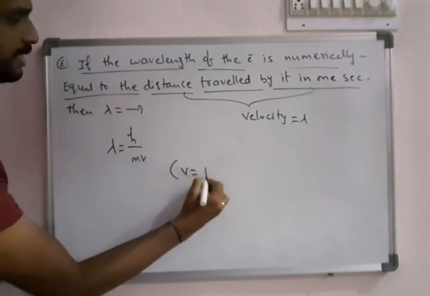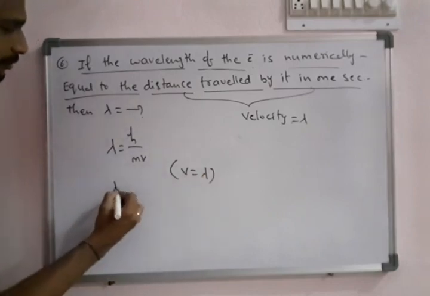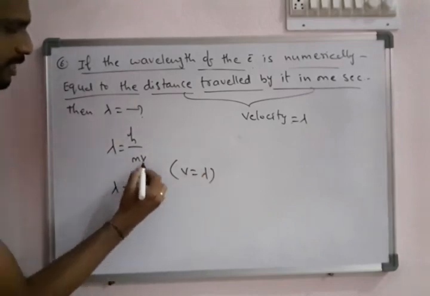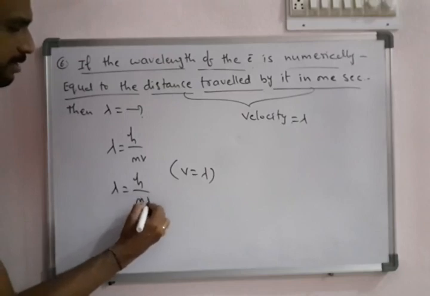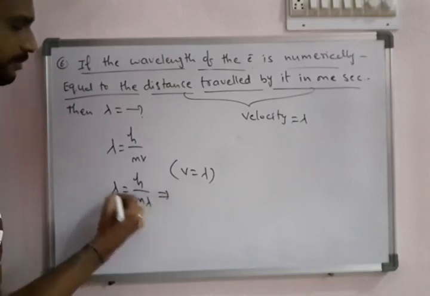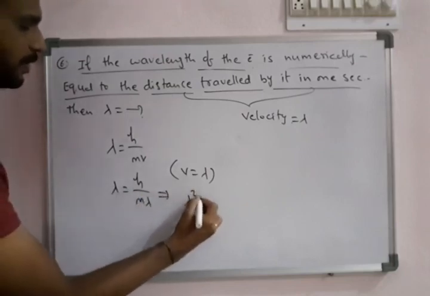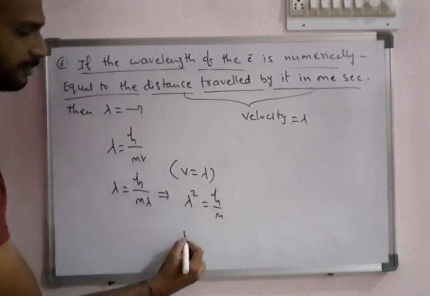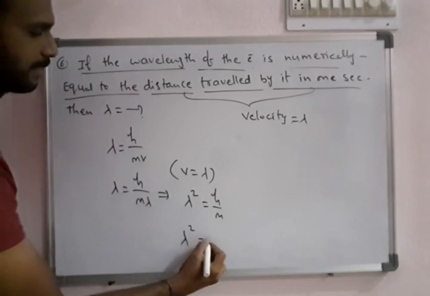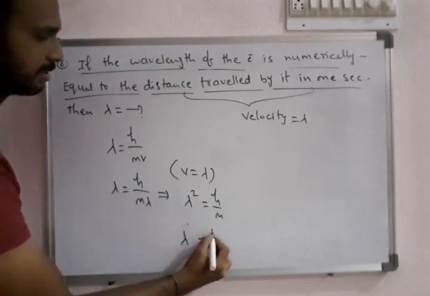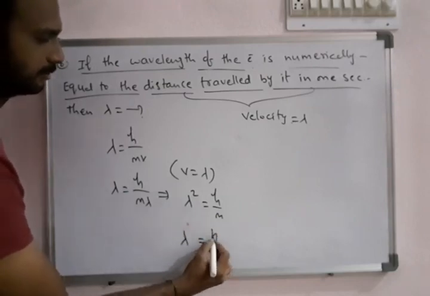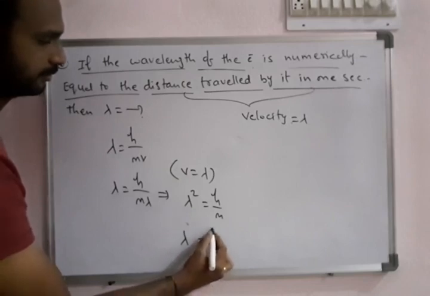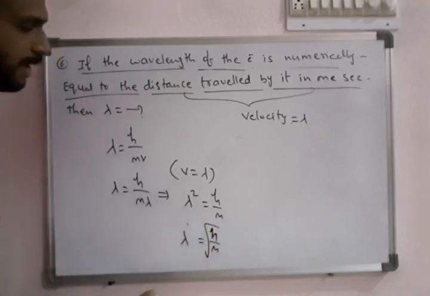As velocity is equal to lambda, in the place of velocity we can write lambda, so lambda square equals h by m, and finally lambda is equal to root h by m.